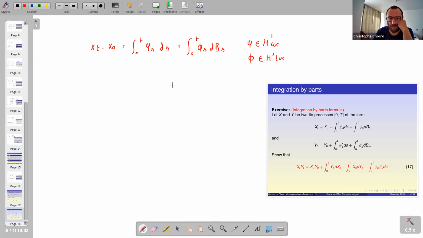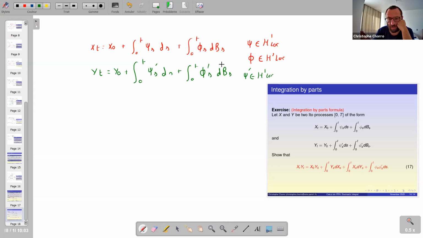So I have this generalized Ito process, and I have also this other one, yt that is equal to y0 plus the integral between 0 and t of psi prime of s ds, plus the integral between 0 and t of phi prime of s dbs. And the same, I need the same for psi prime, that has to belong to H1 loc.